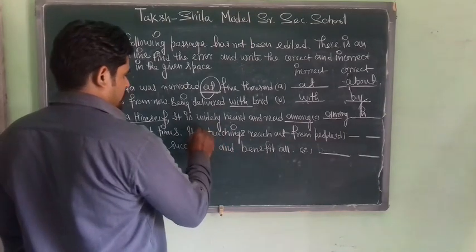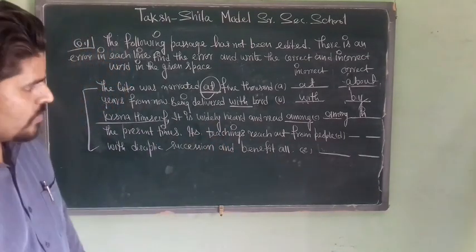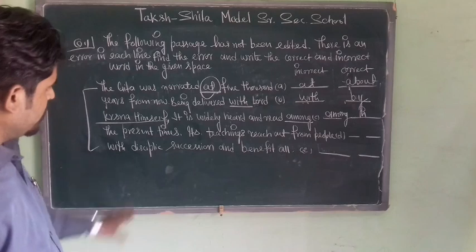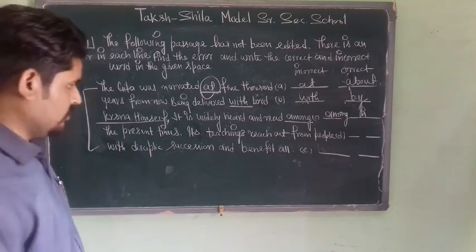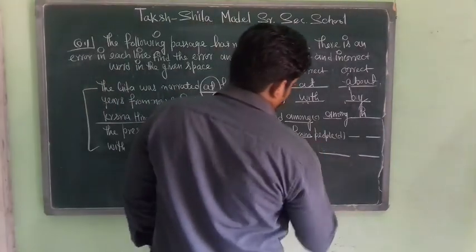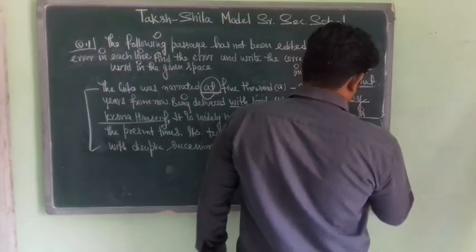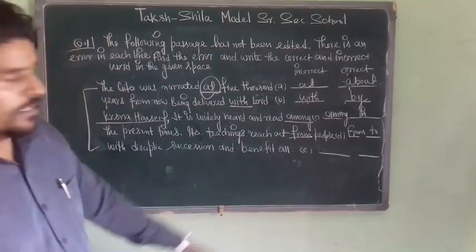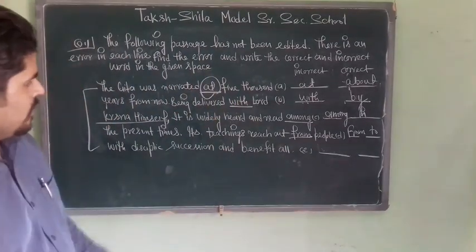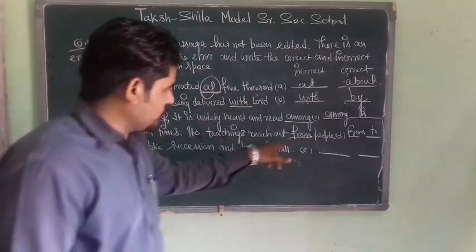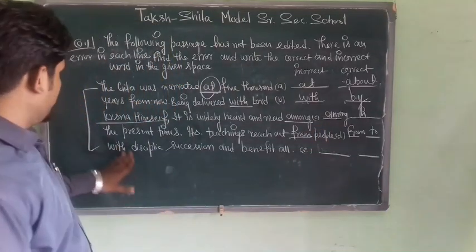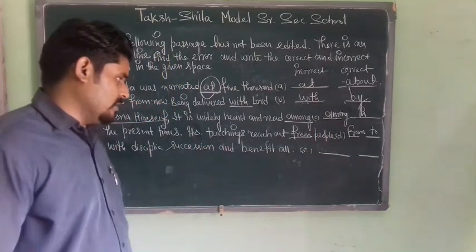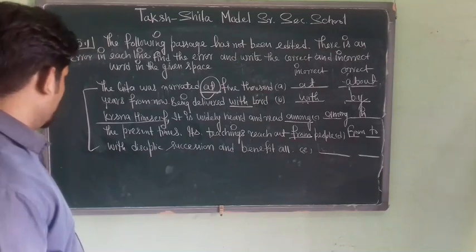Its teachings reach out from people with disciplic succession. Reach out from people or to people? To people. In place of "from", there should be what? "To", because it is showing direction, right? So its teachings reach out to people with disciplic succession and benefit all.